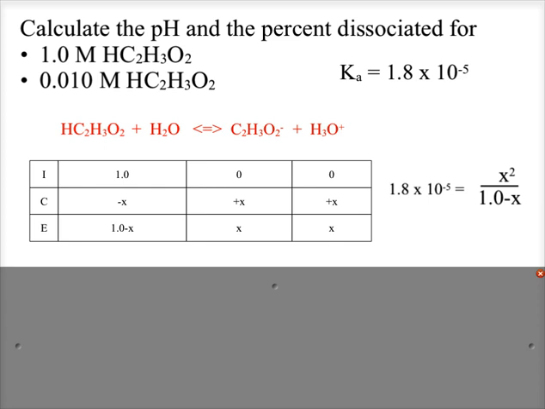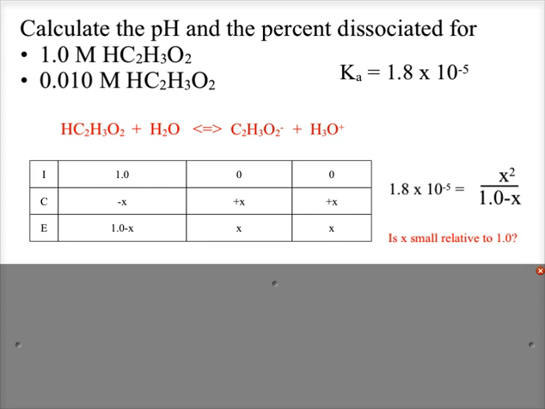If you look at this equation, however, you can see that it's set up for a quadratic. But the question to you is, is x going to be small relative to this value 1.0? And the answer is yes, it will be small, and yes, you can neglect this x. The reason being is that the concentration of this acid is more than 10 to the 4 times as large as the equilibrium constant.